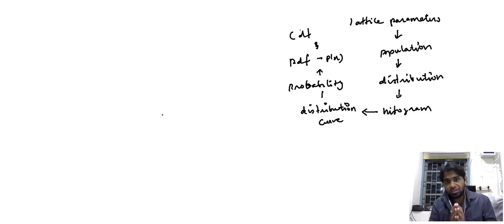Both of these will enable us to calculate the probability of a new member assuming a definite value. In the case of the probability density function, you have to take the definite value and create a range, and by introducing that range and estimating the area under this probability density function, which is nothing but the curve, you will be able to estimate the probability of the new member assuming this definite value.